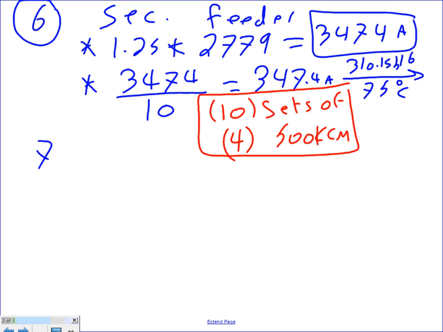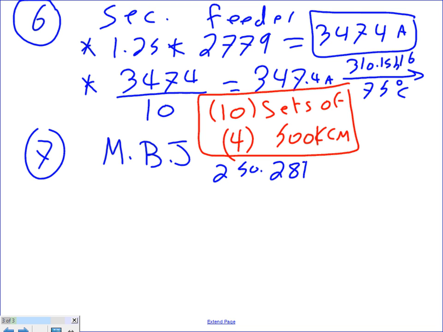Number 7 is the main bonding jumper. By the way, main bonding jumpers, you remember it came from 250.28(D)(1) and 250.66.